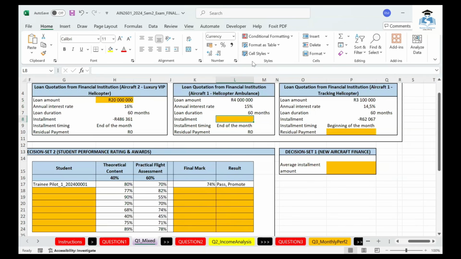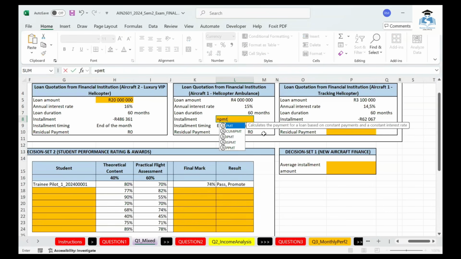Anyone to try from what we did last time? It's equal PMT, and the rate is 15 divided by 12.